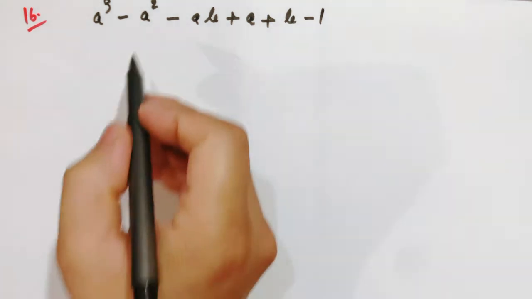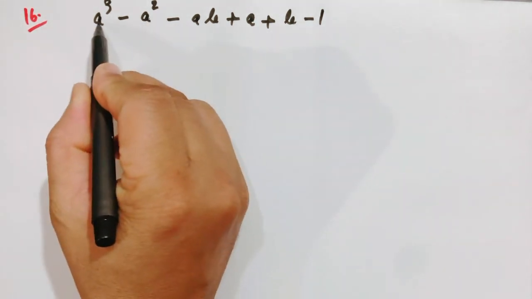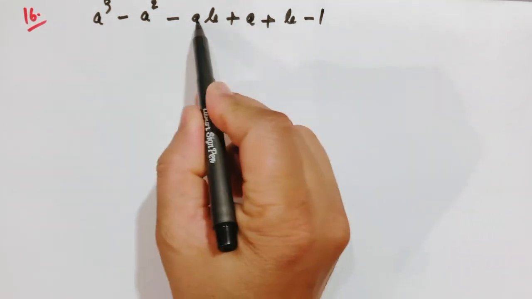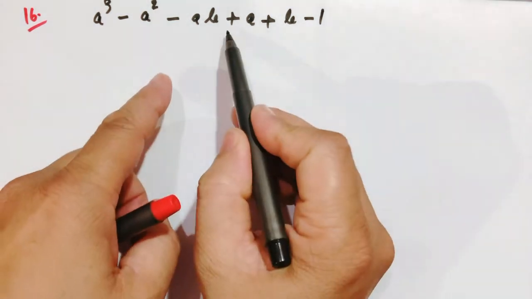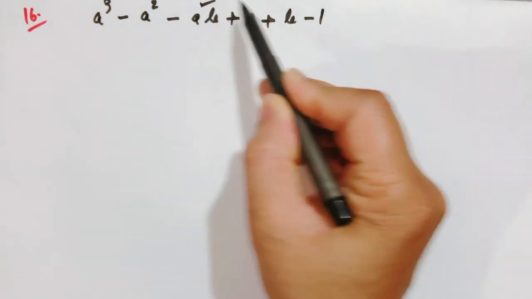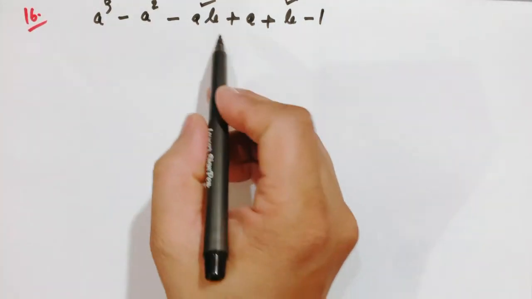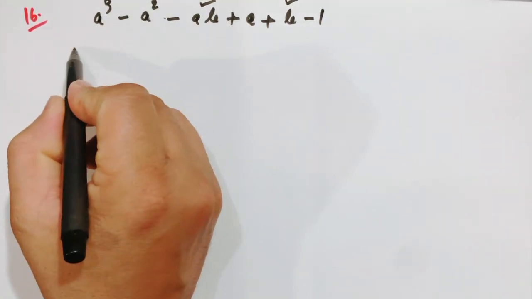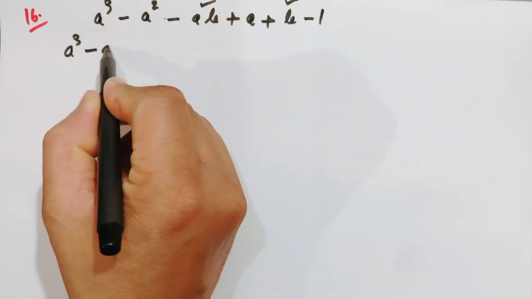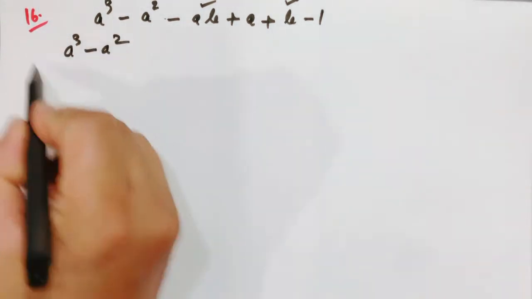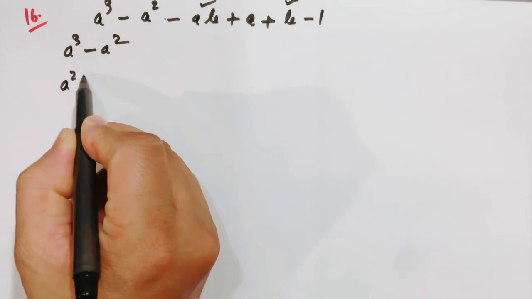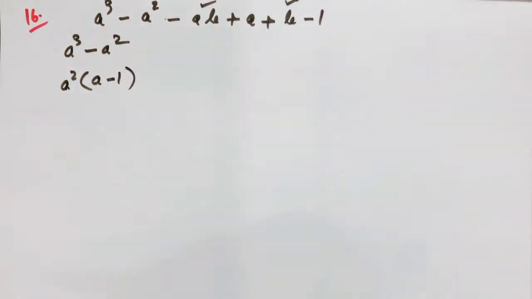Let us see what we can do. When I take a square common, I will get a minus 1. So here you have to group these two. Look here: when you take a cube minus a square and take a square as common, you will get a minus 1.